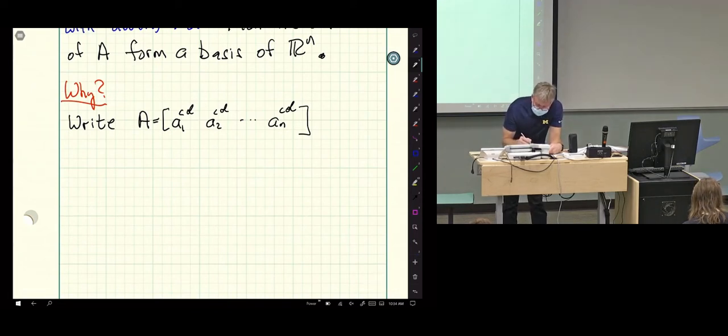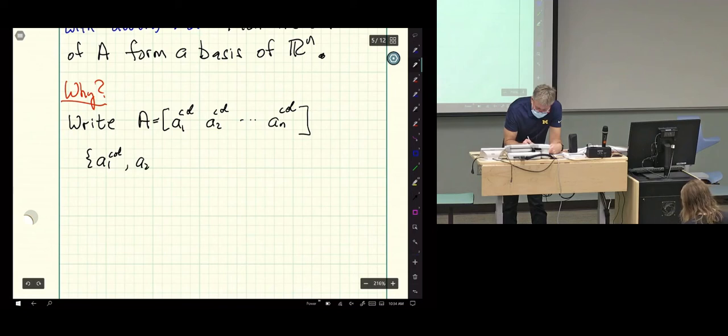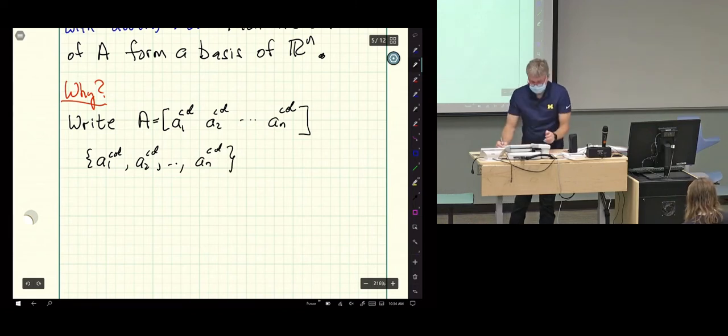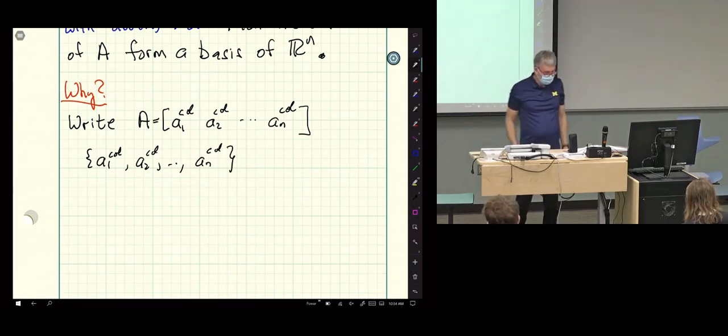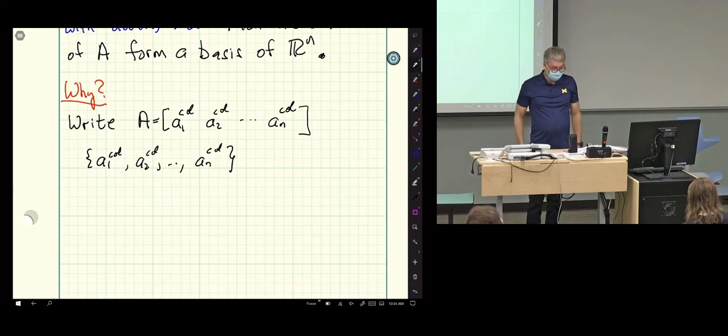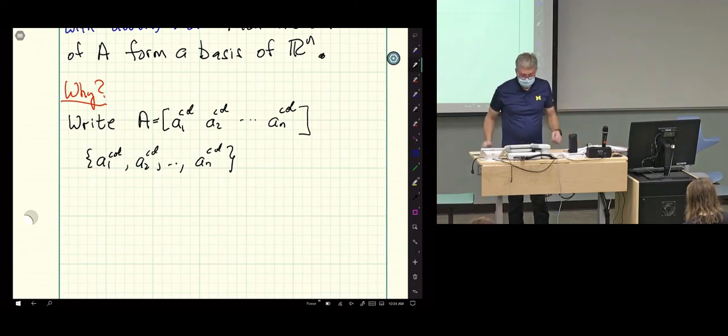And then what we're looking at is the set of vectors A1 column, A2 column, up to An column. So we extract out the columns, we get vectors in Rn, and we want to know, is that a basis?